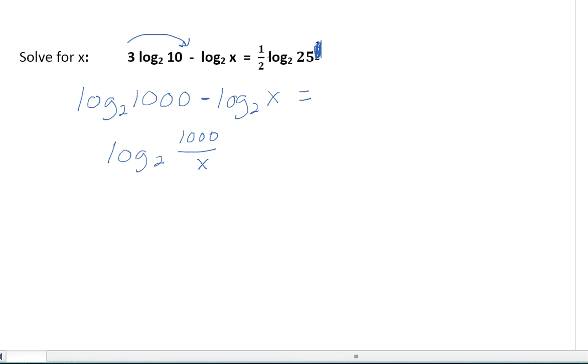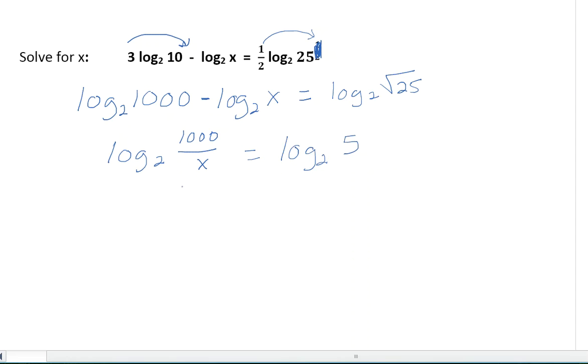So here, the only thing I have to do to write this as a single logarithm is to take this 1/2 and bring it up as an exponent. And if you recall, 25 to the 1/2 power means that we have 25 and we're taking the square root of it. 1/2 power means square root. And of course, the square root of 25 is 5. So now I have both sides written as a single logarithm.